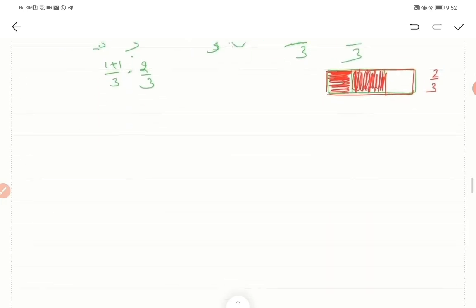Let me take any other example. If I have a fraction like 5 by 7, and I'm multiplying it with 3, so this will be how much? It is very simple. You will multiply this whole number with the numerator of the fraction. 5 into 3 by 7 is equal to 15 by 7. Or let me take one more.